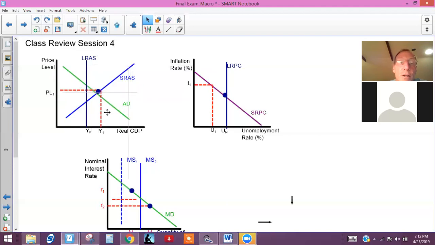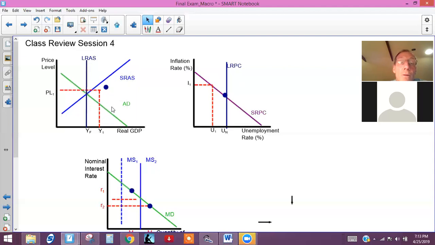You get this shift, and then you get this movement, or you get a combination of a shift in the short run aggregate supply. This shifts a little, so you end up somewhere like right there.